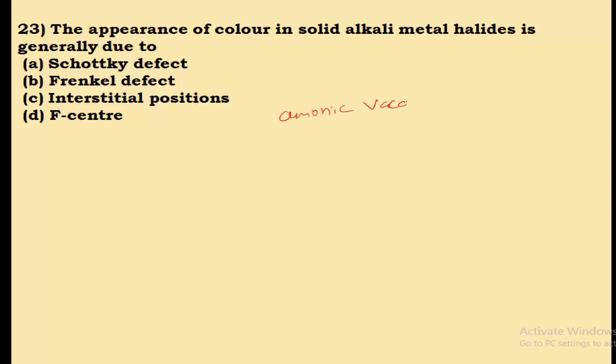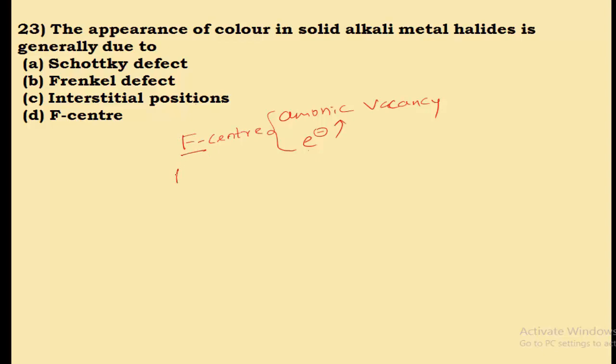Upon formation of anionic vacancy, to maintain electrical neutrality, an electron is trapped in this anionic vacancy, and that region where the electron is trapped in the anionic vacancy is known as F center.